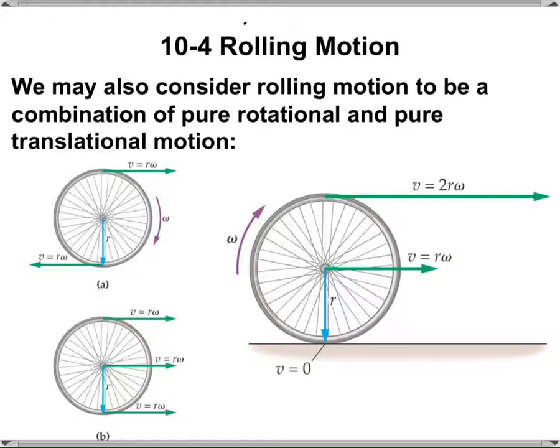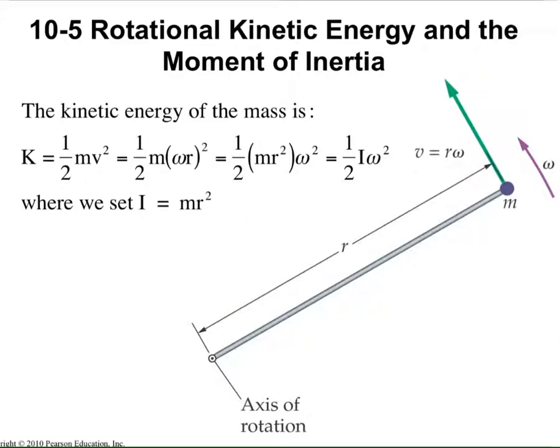So, the next is, since we have an object both translating, doing a translational motion, and rotating, when we are trying to calculate the kinetic energy of this object, we have to separate two different kinds of motion, right?